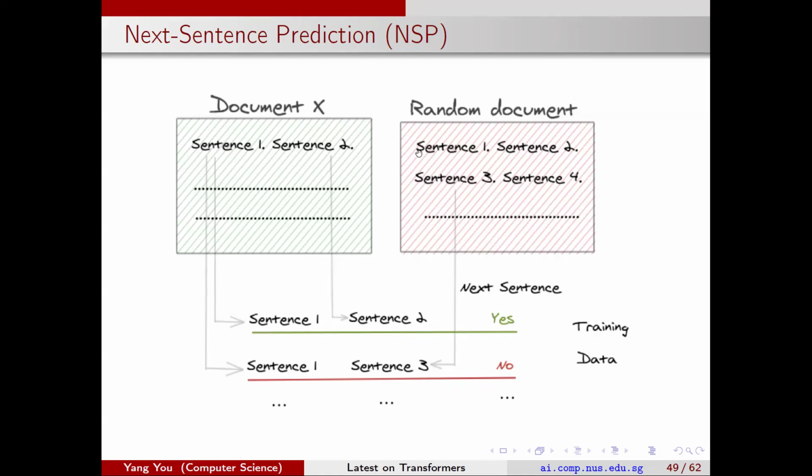How about we get another random document? In this random document, we have sentence 3. We also take sentence 1 from the first document. That's a negative pair. Because they are from the same book, the first two are consecutive, and that's why they are positive.